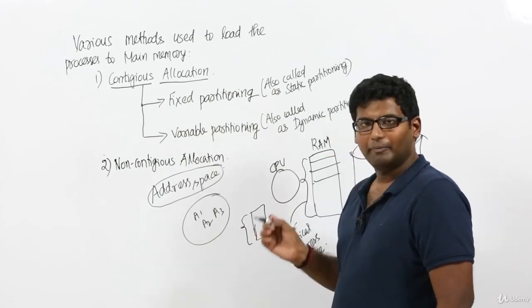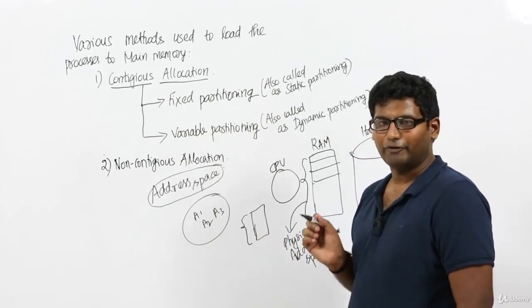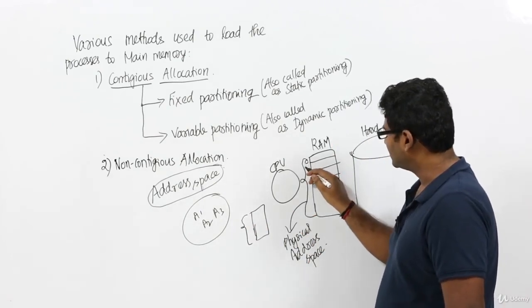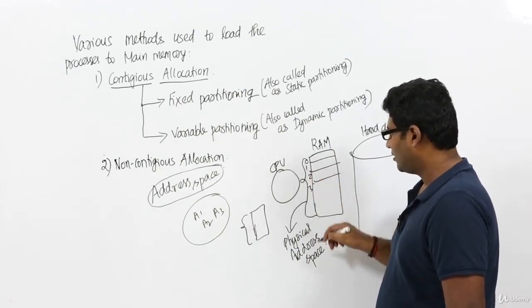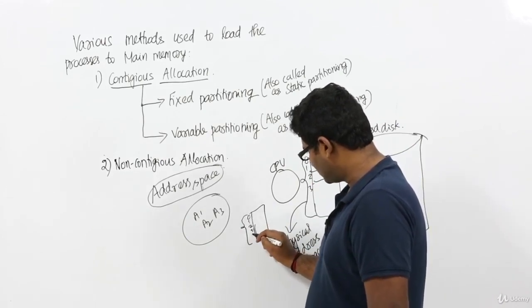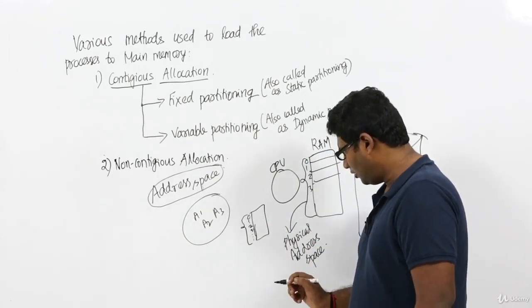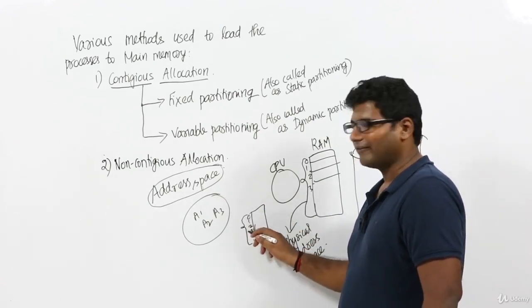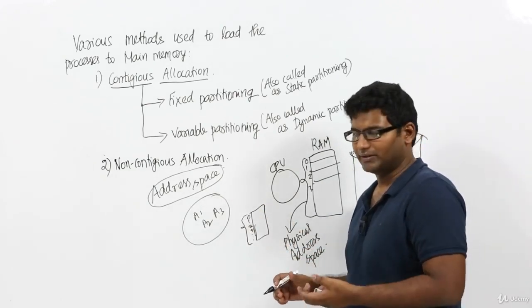And our process will also have a collection of addresses. These addresses will start from 0, 1, 2, 3 and so on. So even our process has a collection of addresses, and we also say this is an address space.